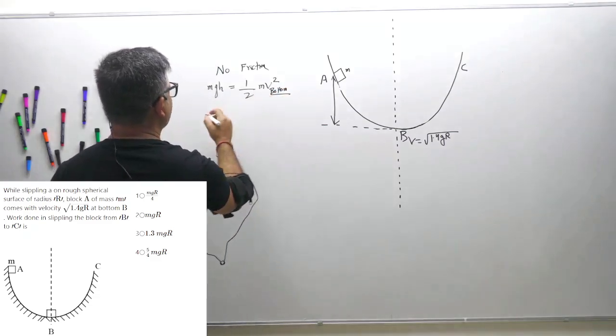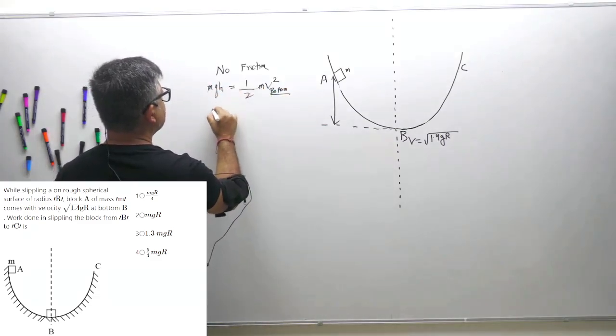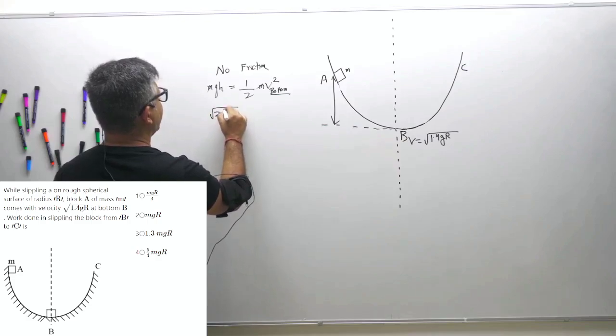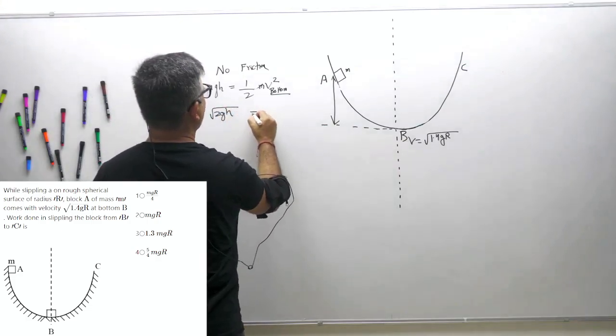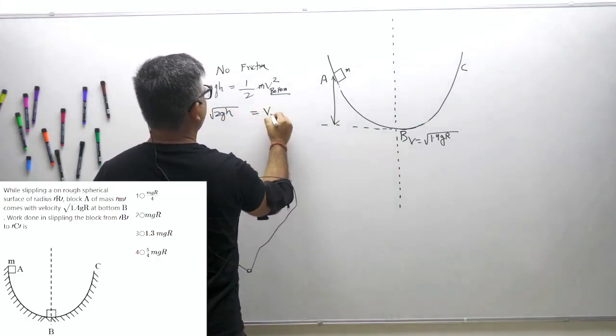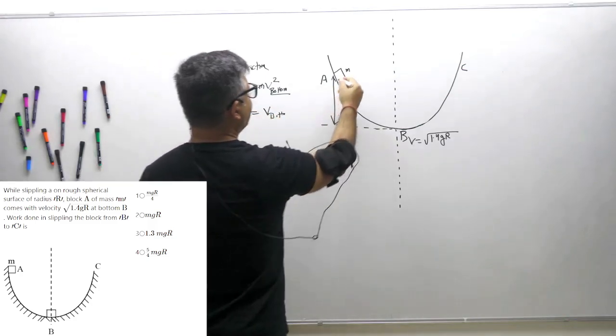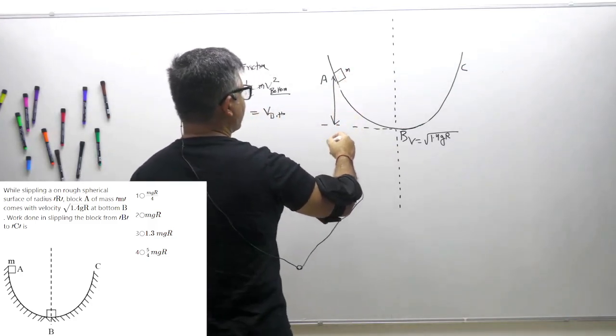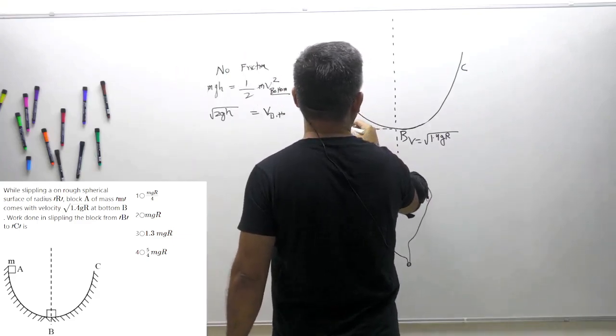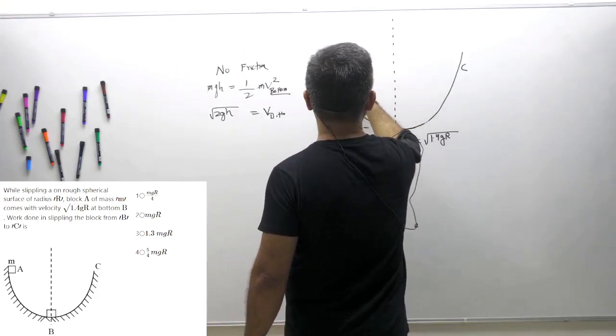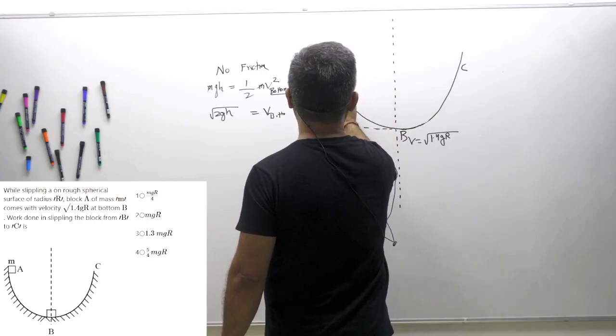Now what is the velocity you will get? You will get under root 2gh is equal to v bottom, which is the height you have lost, and this is r. So this is given to be h.